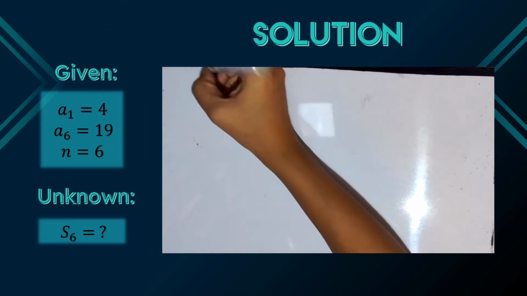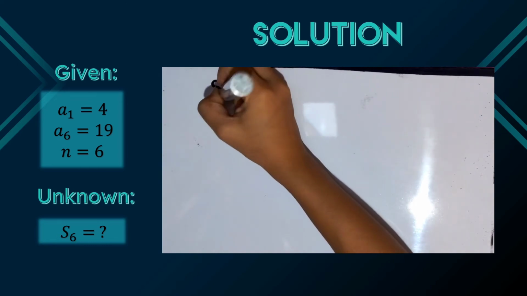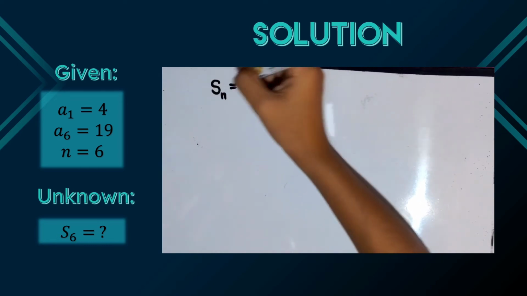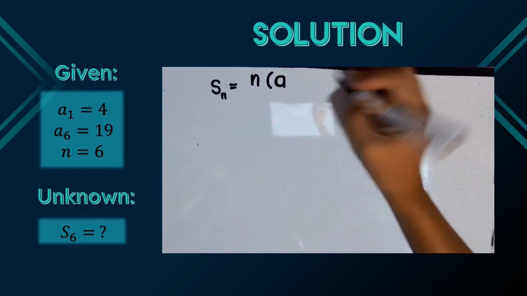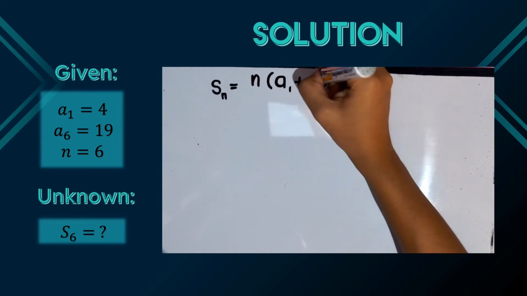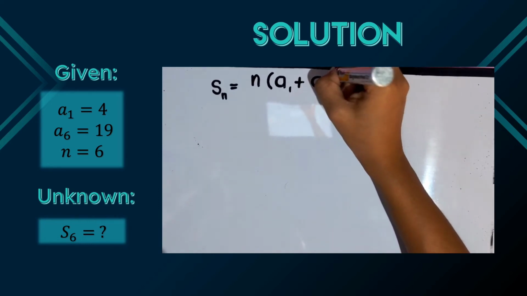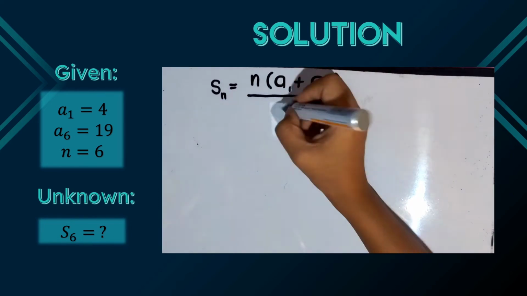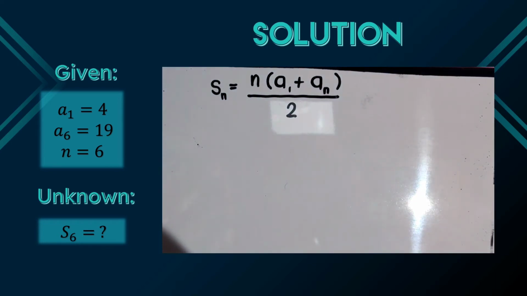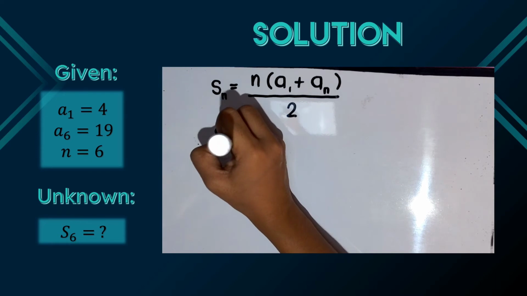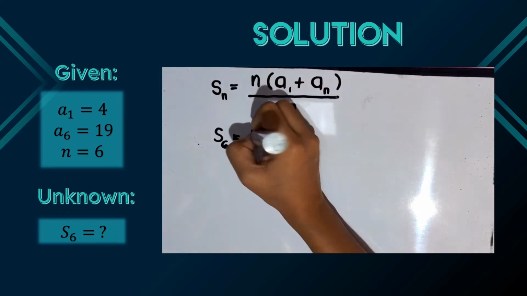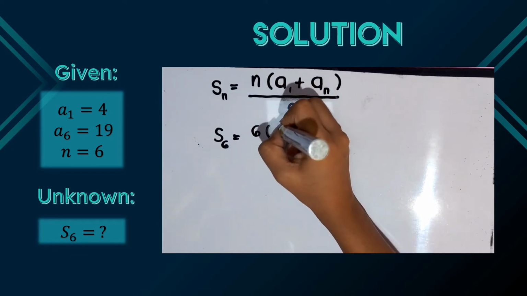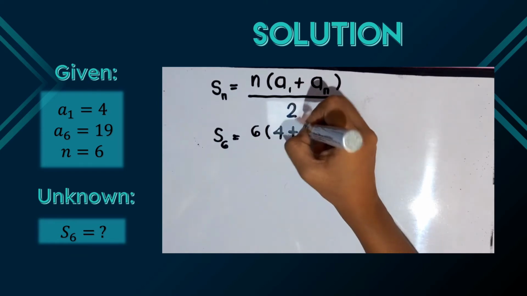To solve for the unknown on the problem, let us start first with the formula S sub n is equal to n times the quantity of the sum of the first term and the last term all over 2. Substituting the given, we have S sub 6 is equal to 6 times the quantity of 4 plus 19 all over 2.